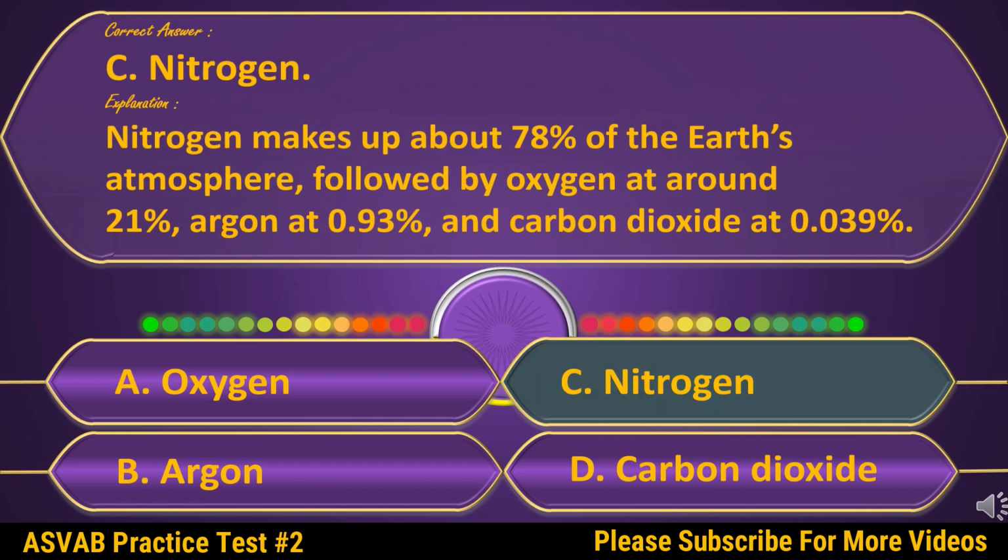The correct answer is option C, nitrogen. Nitrogen makes up about 78% of the Earth's atmosphere, followed by oxygen at around 21%, argon at 0.93%, and carbon dioxide at 0.039%.